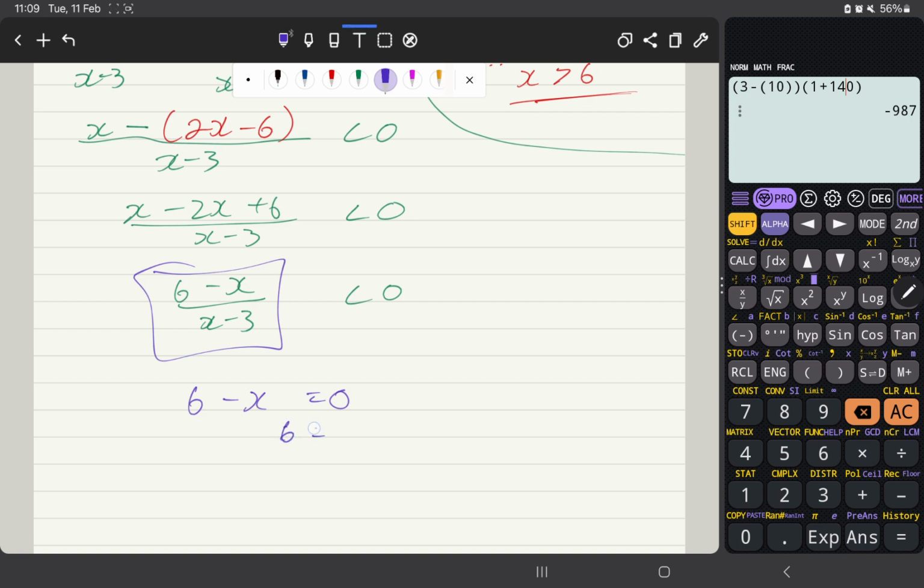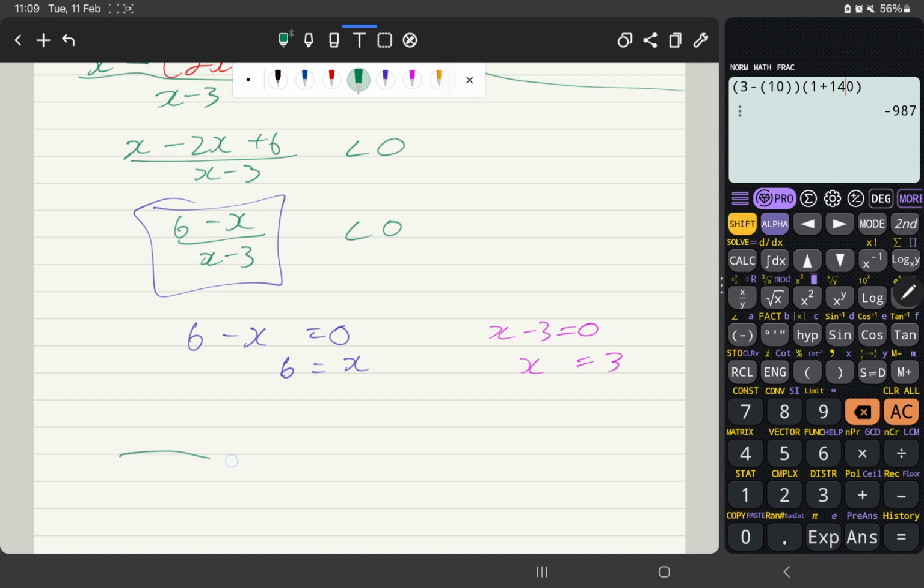That's where you get x equals 6. And on another one, x minus 3 equals 0. That's where you get x equals 3. What am I doing here? This has to be x, right?